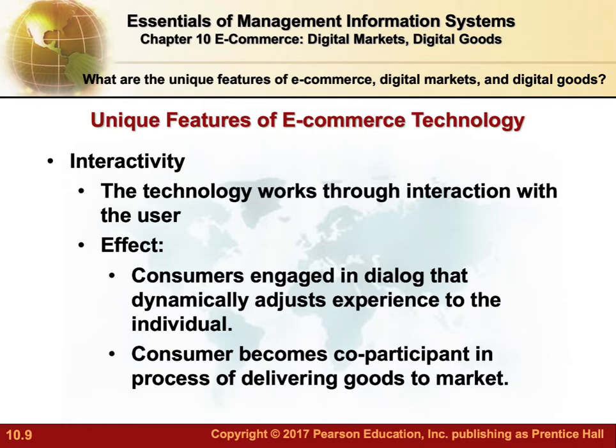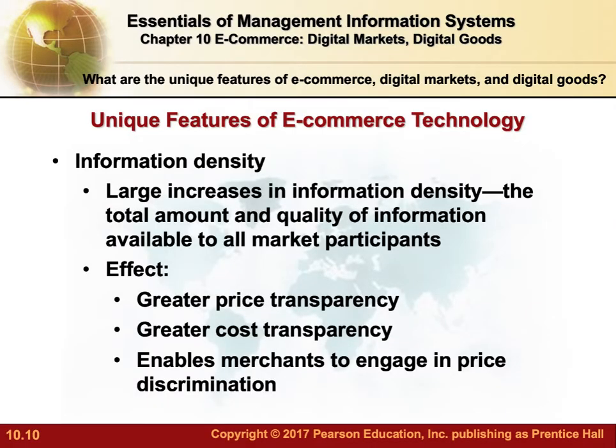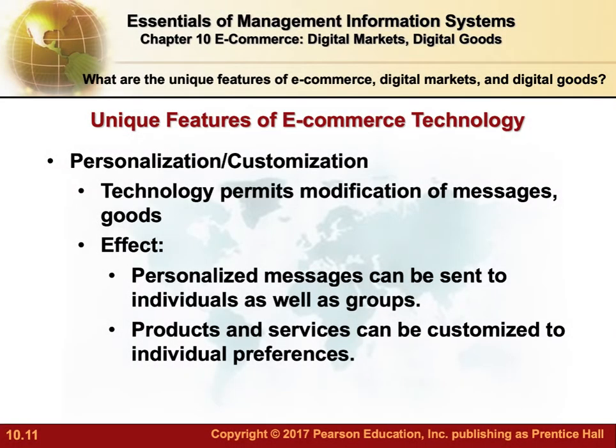And also information is available, and there's great transparency in cost. Not only that, users can compare prices from one merchant to another, for example eBay compared to Amazon compared to Walmart, on price and delivery time. You can also customize your messages.